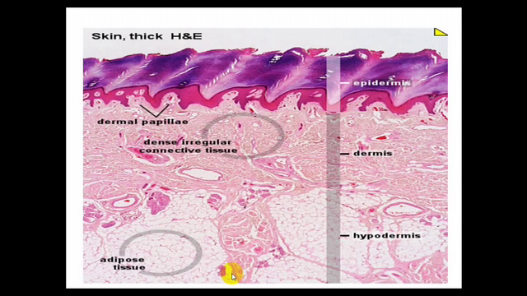Another type of smooth muscle found in this reticular layer is the arrector pili muscle, located near the hair follicle.